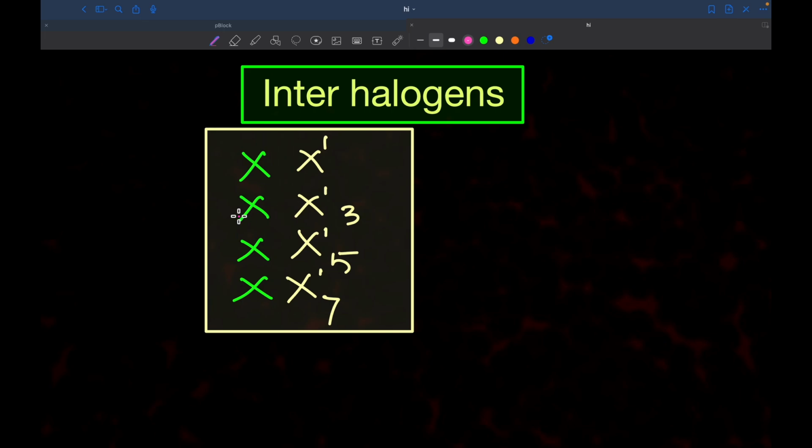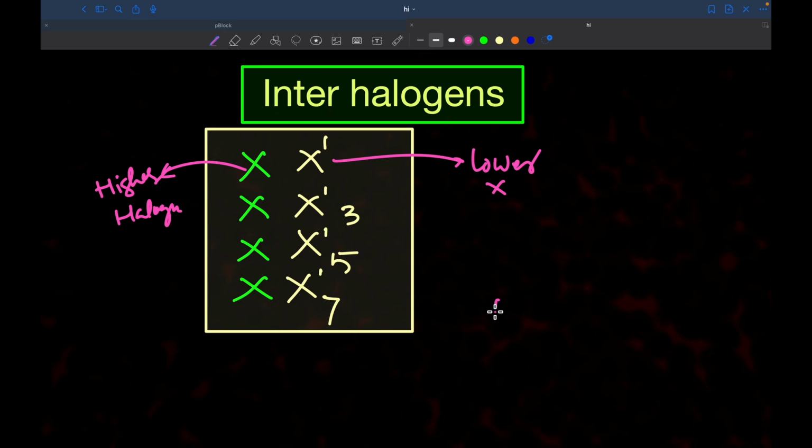Ikkada ఏంటంటే, so the X should be the higher halogen, and X' should be the lower halogen. So what is the meaning here? ఎప్పుడైనా మనం కెమికల్ ఫార్ములా రాసేటప్పుడు, ఫర్ ఎగ్జాంపుల్ NaCl రాసా, ఇందులో cation size big होगा, anion size small होगा, right?